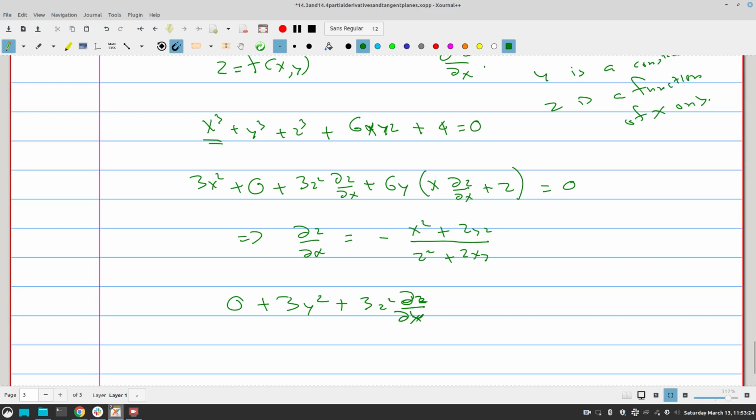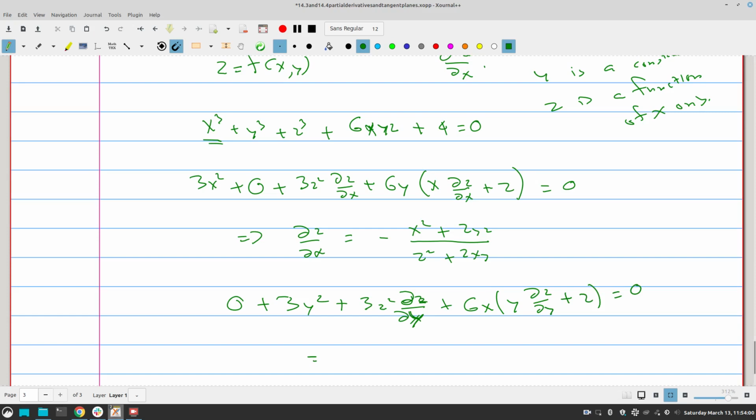I know I told you not to say dz over dx or dz over dy when you're talking about partial derivatives, but this is a force of habit. It's convention, but you should say partial z over partial y. Plus 6x times, of course, y dz over dy plus z equals 0.